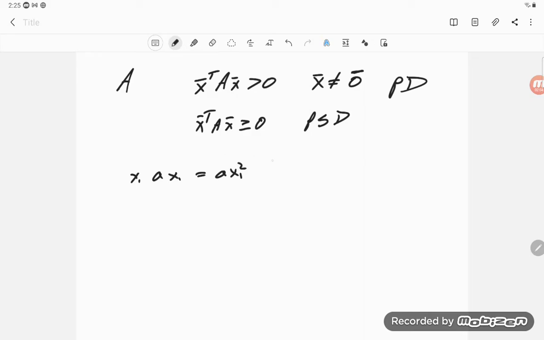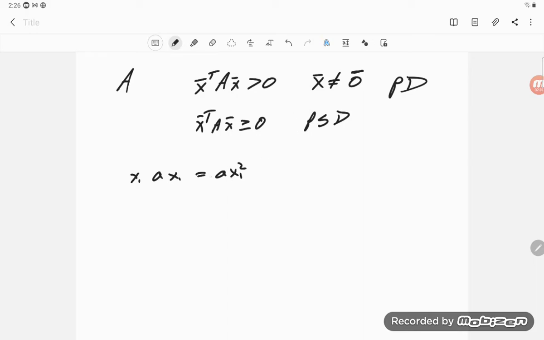And those two things are given to you, that the function x squared is convex. And then a times x squared, as long as a is greater than 0, is also convex.